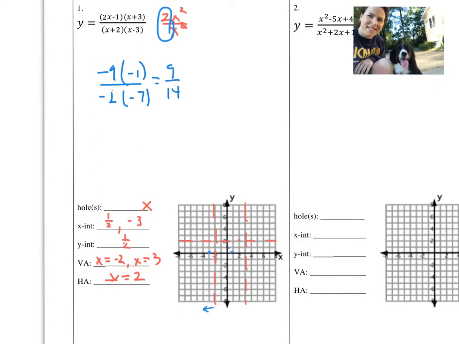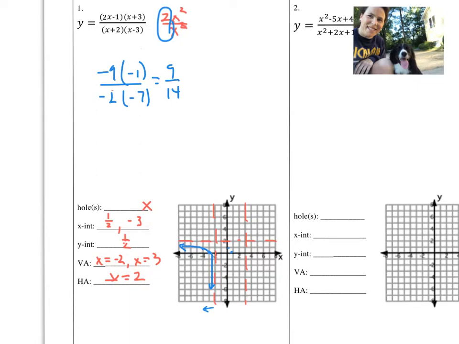So I have a 9/14, which is less than 1. Now it looks like I have a curve like this, and remember it's going to follow along the asymptote.